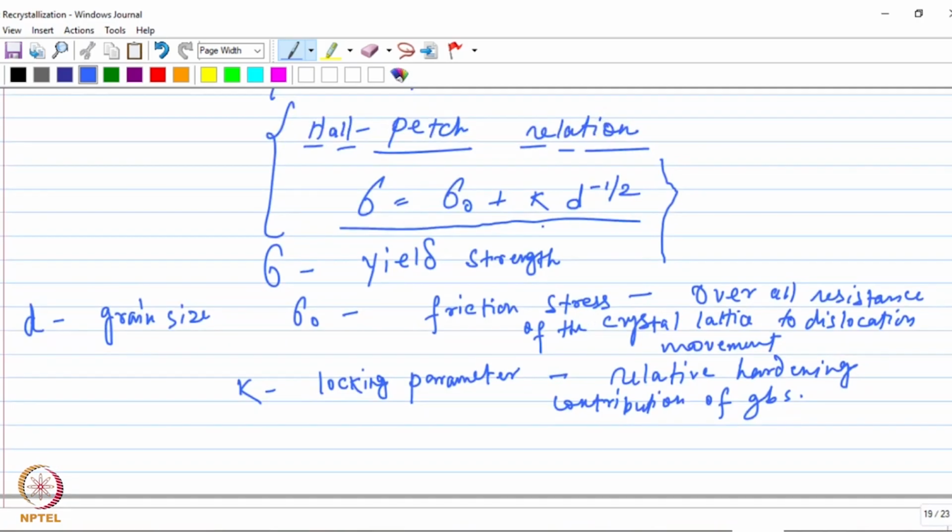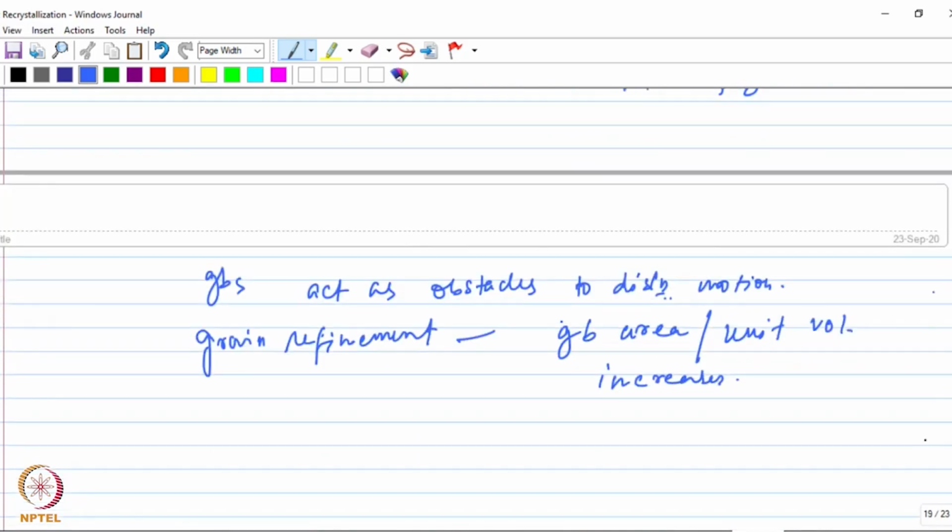So in order to do that, we need to consider some of the theories which are proposed to explain this phenomenon of grain refinement strengthening, particularly with regard to this Hall-Petch relationship. And one of them talks about pile-up of dislocations at the grain boundaries.